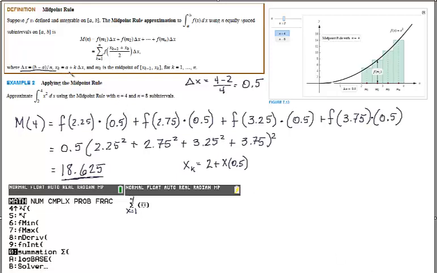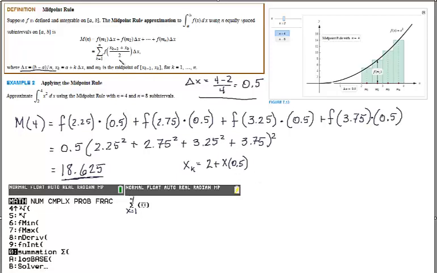My x of k needs to be my a, which is my lower limit, so that's a 2 in this case, plus my number of subintervals, so this is subinterval number 1, so I'm choosing that to be x in this case. Don't get confused because I've got x as being 2 different things here, so I have to be careful. And then my delta x I've already computed, and it was 0.5, so I'll just write that in.